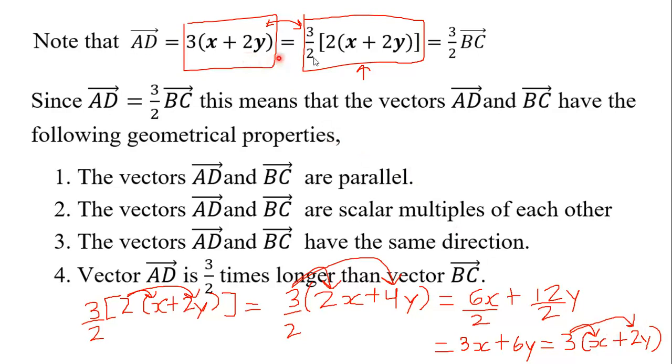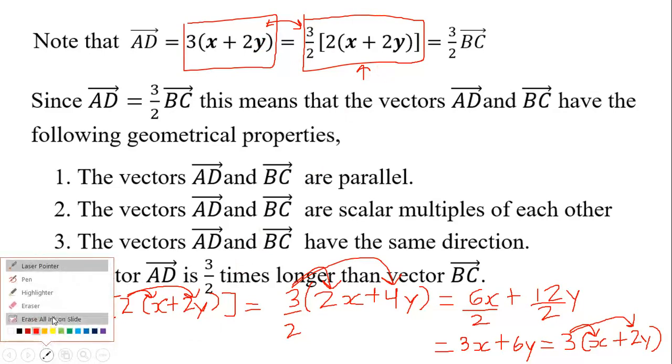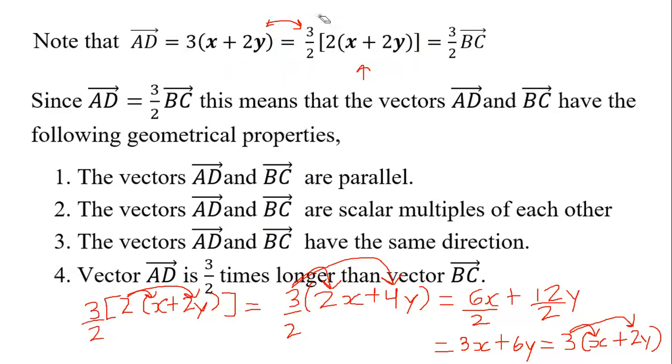And so since these two things are equal, that means that AD, the vector AD, is actually this expression in disguise, and can be written appropriately just like this.